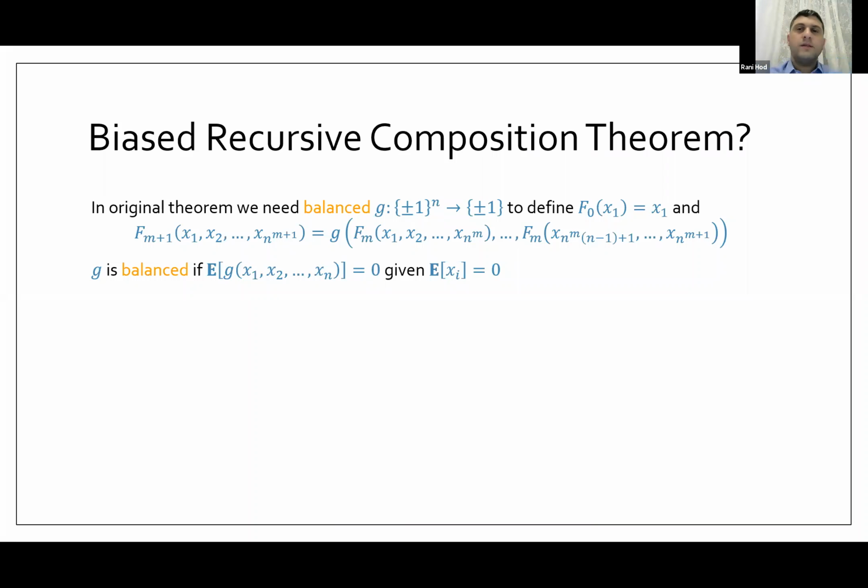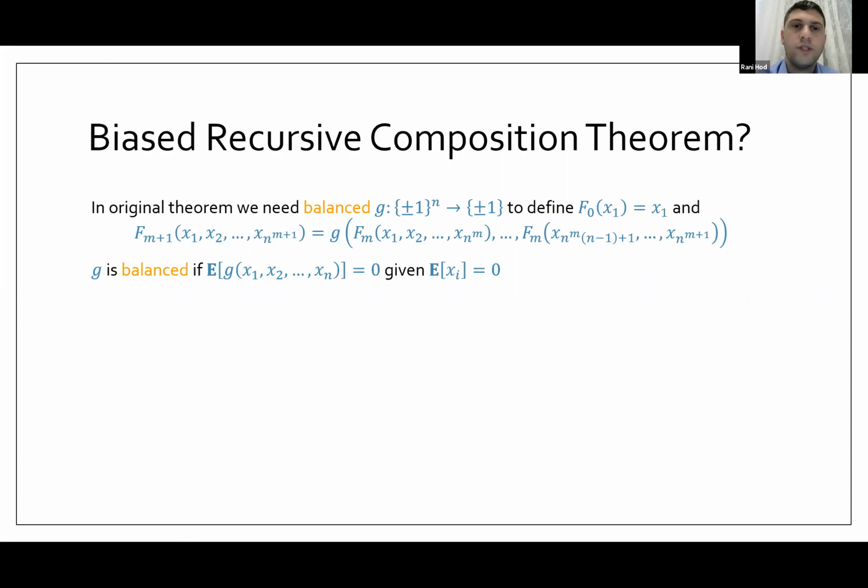So let me tell you now how the recursive composition theorem works. We define a sequence of functions. We start with the identity function, just mapping x1 to itself. And then each time we use g to combine disjoint copies of the previous function to get the next function in the sequence. So the first function, f1, would be g, and then f2 would be g of g, g, g, g.